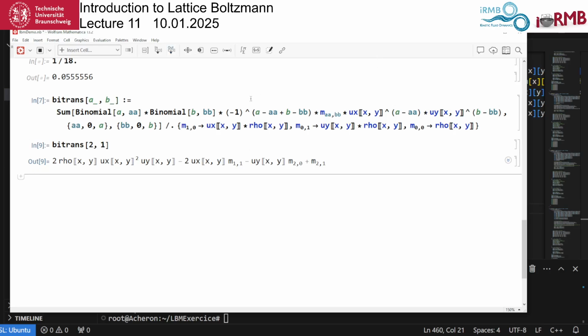Now we implemented this. But we want to express everything in central moments now. This is why I suggest we do the following. We define Ks, we solve for a list of stuff. So we solve for K11.